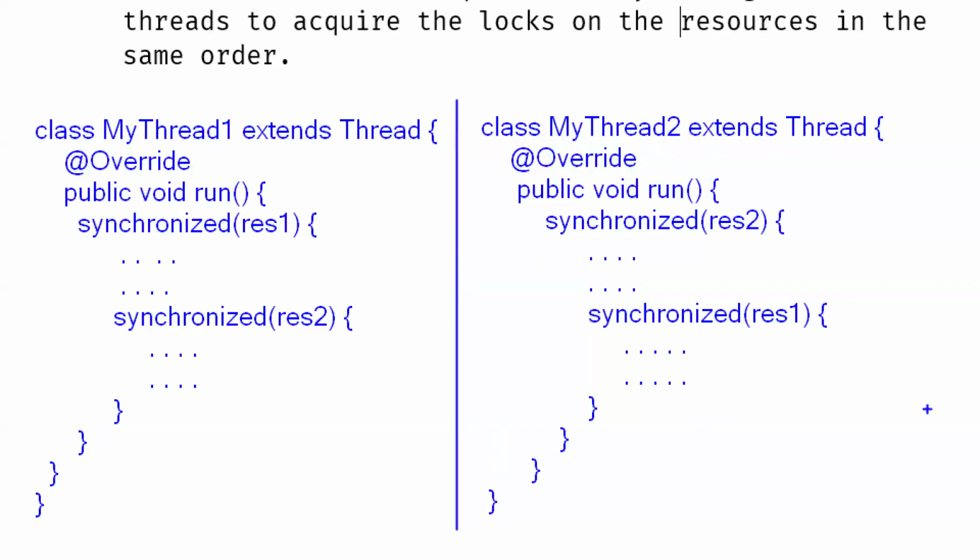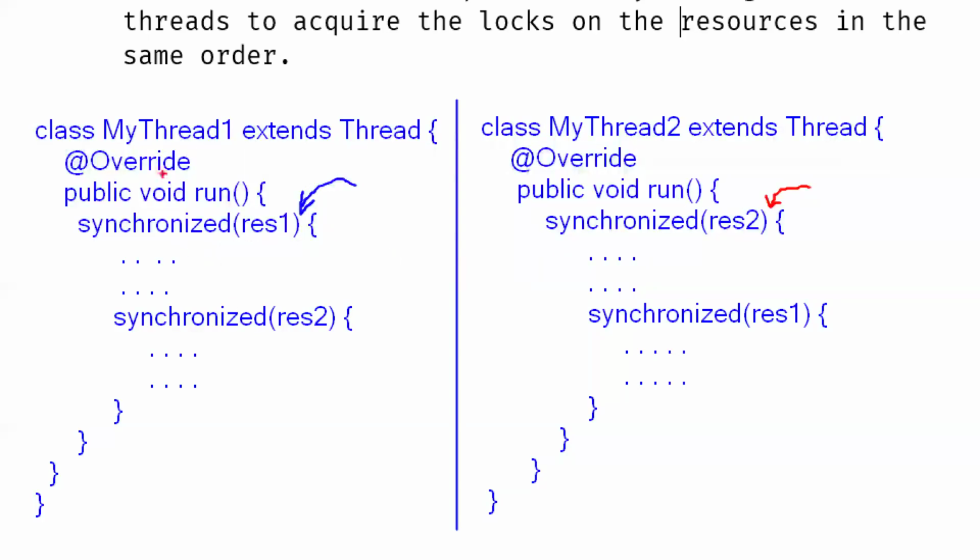Am I clear with you now? If you look at this, for example, two threads are started parallelly. Then what happens now? Thread 1 is acquiring the lock on resource 1. Now thread 2 is acquiring the lock on resource 2. Both the threads are started parallelly. So thread 1 has acquired a lock on resource 1, and thread 2 has acquired a lock on resource 2.